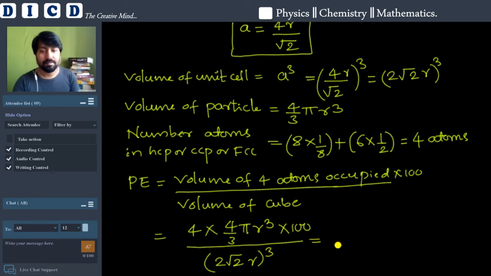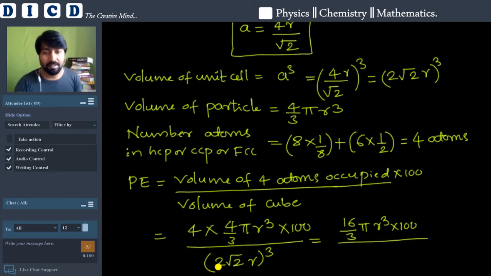Now simplify this: we get 4 into 4, 16 by 3 pi r cube into 100, divided by 8 into 2 into square root of 2, then r cube. This r cube and this r cube get cancelled. The 16 and 8 into 2, 16, get cancelled.